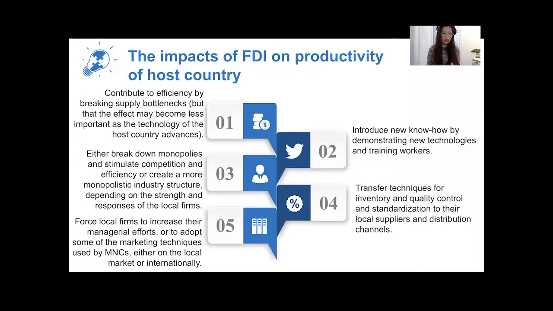And it either breaks down monopolies and stimulates competition and efficiency, or creates a more monopolistic industry structure, and transfers techniques for inventory and quality control and standardization to the local suppliers and distribution channels. Last, it forces local firms to increase their managerial efforts or to adopt some of the marketing techniques.